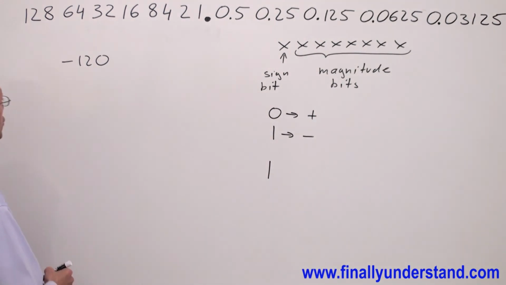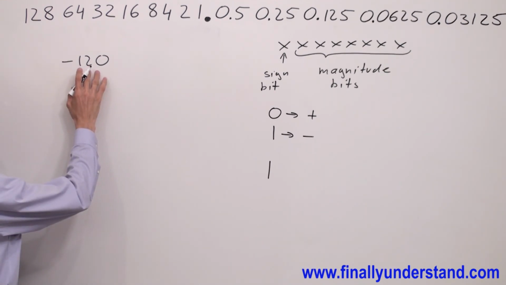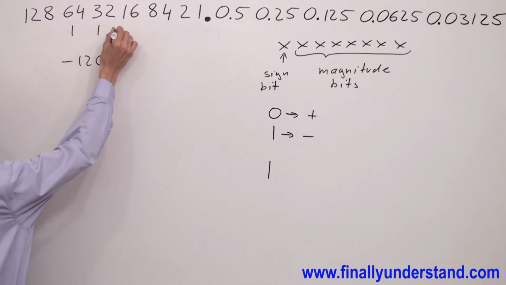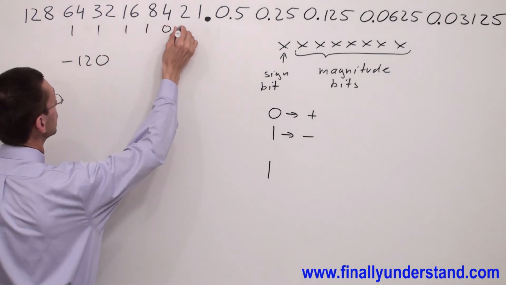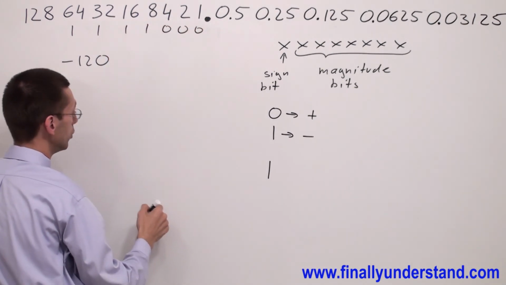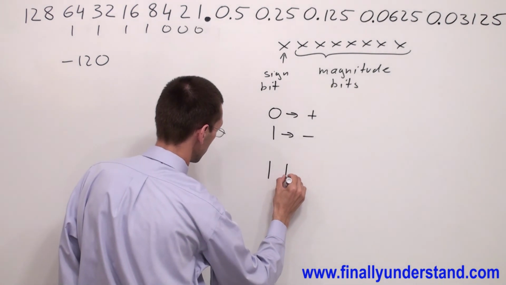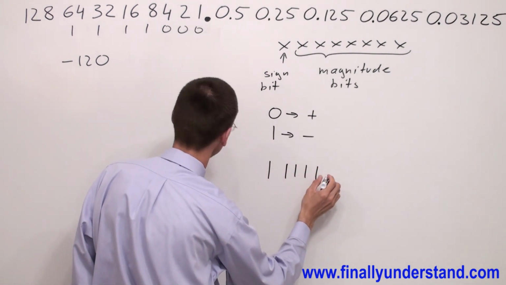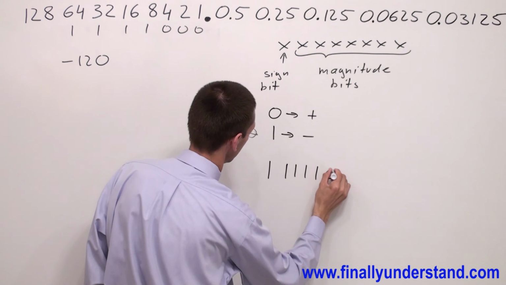Next, I'm supposed to find the magnitude. We found already that 120 is 1111000. That's why I'm going to just write these bits over here. 1111, and I have 000.